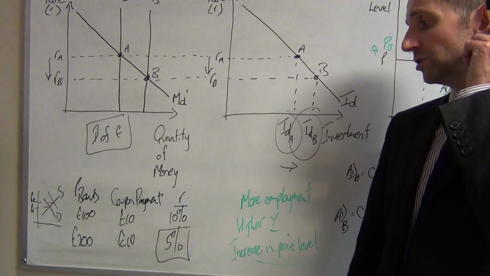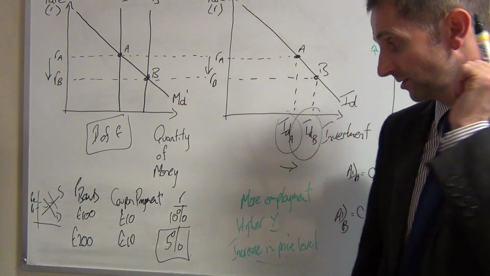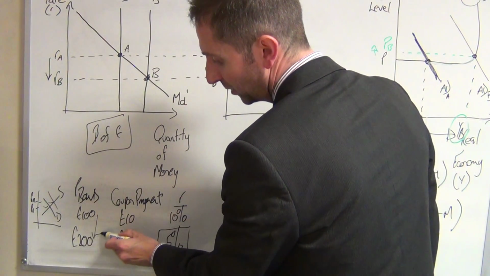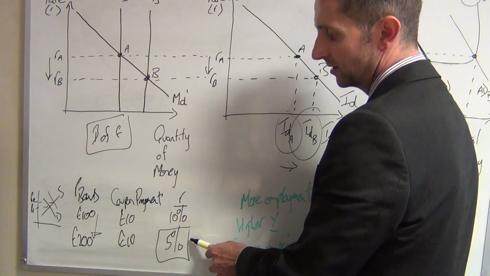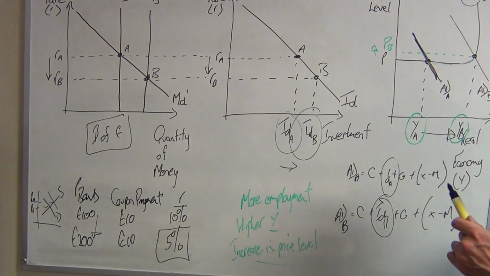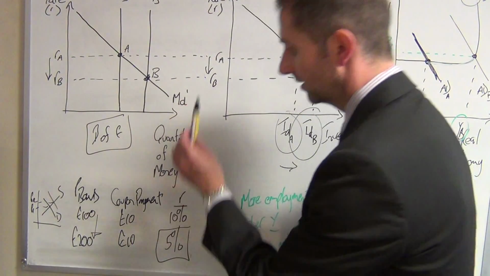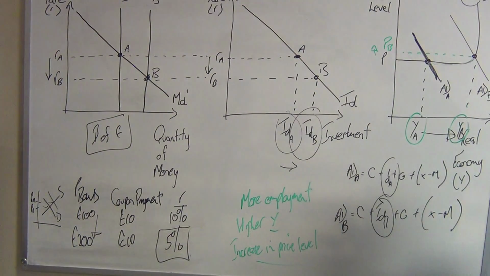So there's a relationship here between the bond price and the rate of interest. As the bond price has risen from 100 to 200, the rate of interest has fallen. As the bond price falls, the rate of interest rises. So there's an inverse relationship going on there.